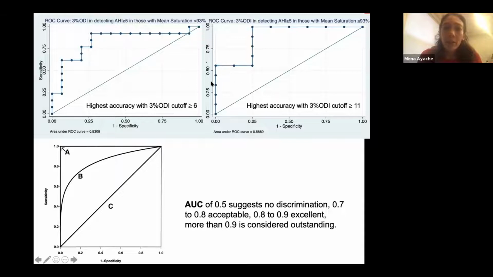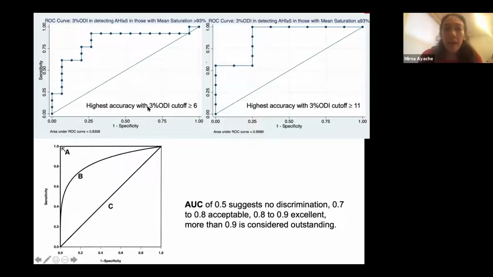What we did here is also we divided the sample into those who had what we thought was a normal mean saturation, which is greater than 93%, and those who had a low mean saturation, less than or equal to 93%.